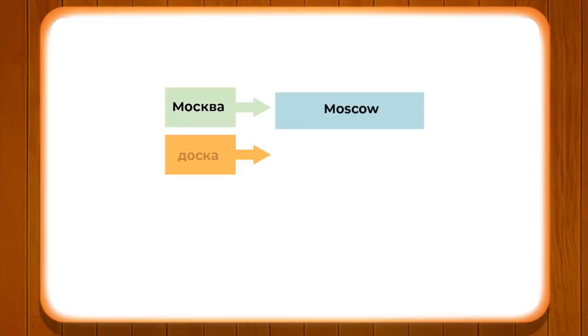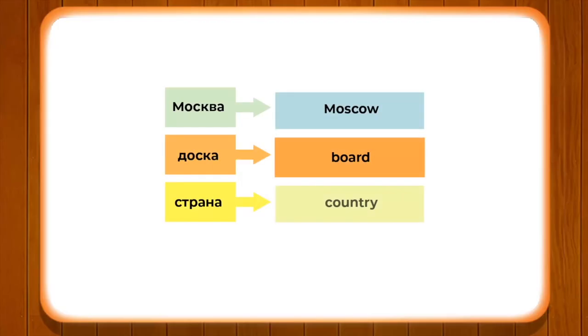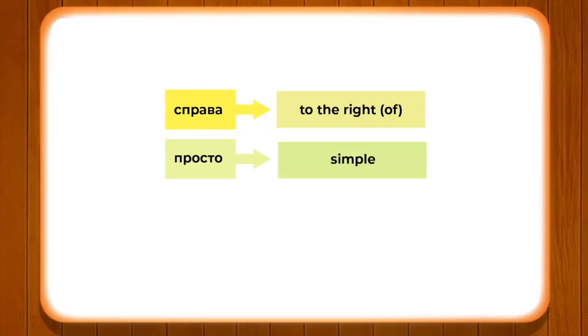So, Moscow is Moskva, doska means board, strana means country, toska means grief, sprava means to the right of, prosta means simple, and spasiba means thank you.